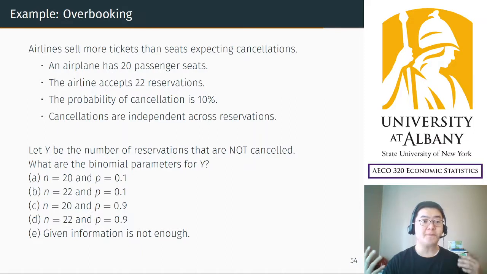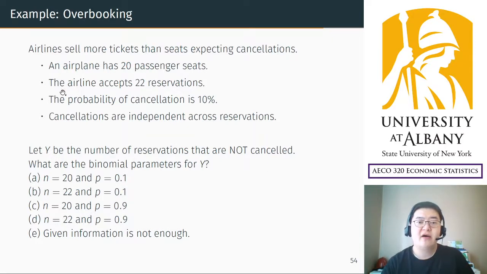And if there are too many passengers to take the airplane, then they upgrade some of them to business class or give some incentives to take another flight. Anyhow, you may know what happens. So we will study that with some simpler numbers.